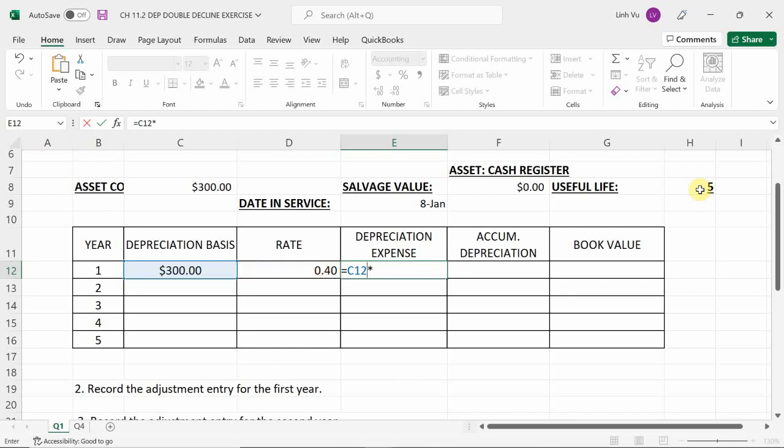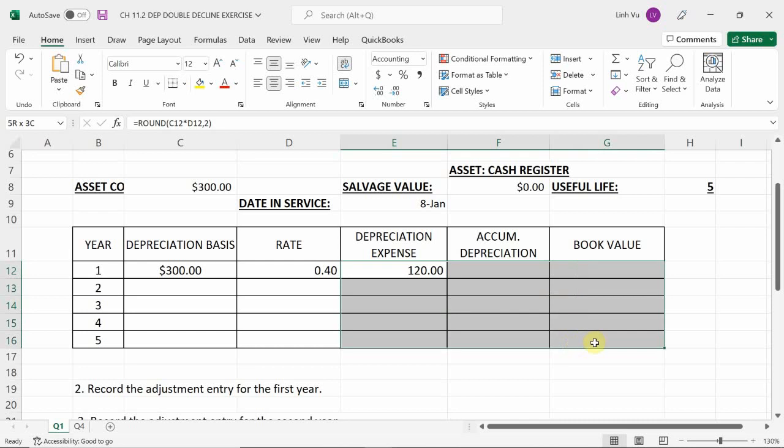I got $120. So therefore, what's my accumulated depreciation? Nothing, right?